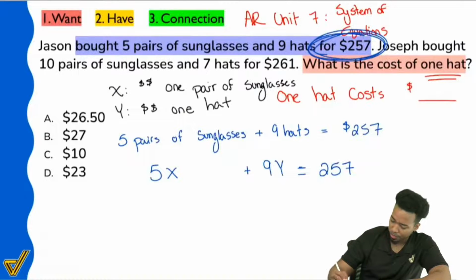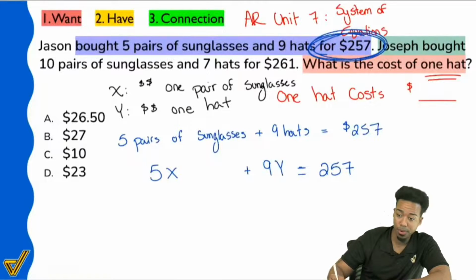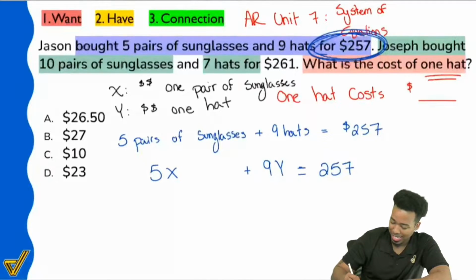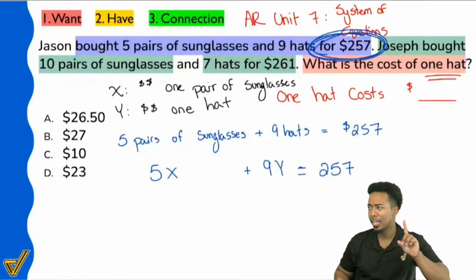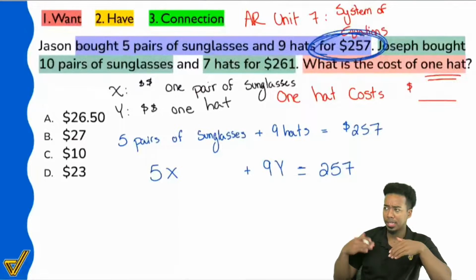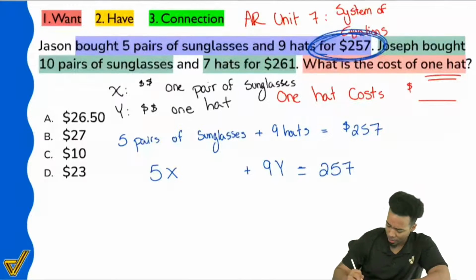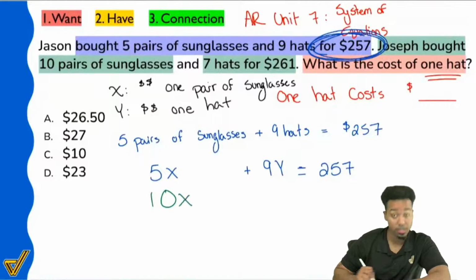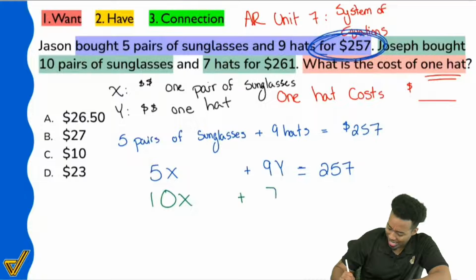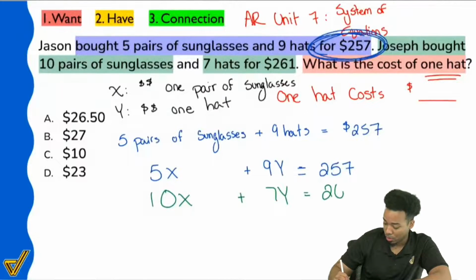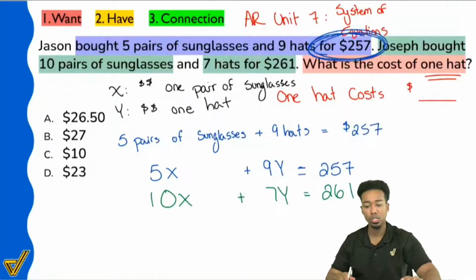In green, Joseph bought 10 pairs of sunglasses and 7 hats for $261. Is it fair if I said, okay, 10 pairs of sunglasses, that would be 10x, 7 hats, that would be 7y, and that total cost was 261, so I would write equals 261.